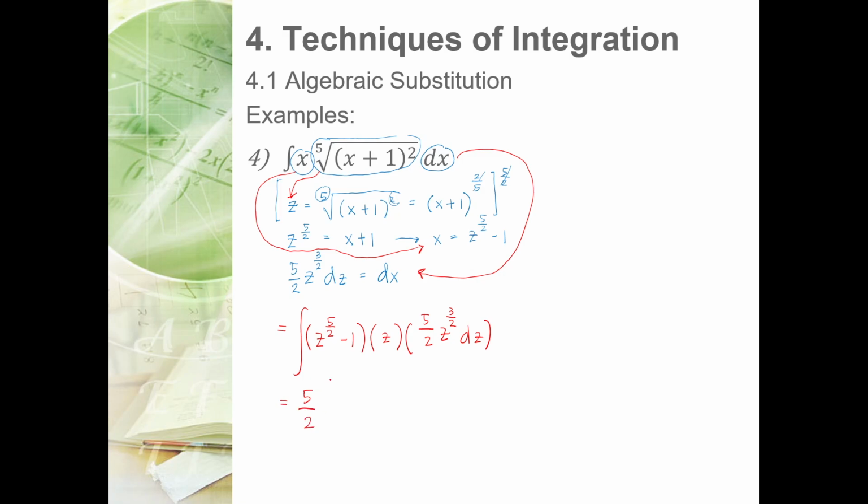And this would leave us with z to the power of 5 halves minus 1, and then z, and then z to the power of 3 halves dz. Okay, so multiply each term with the second term.